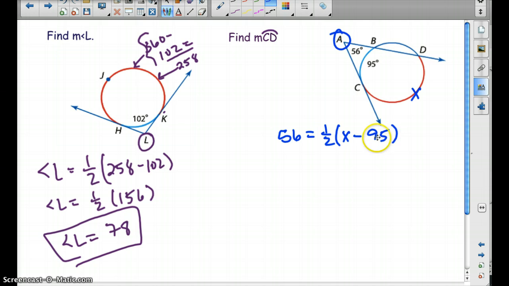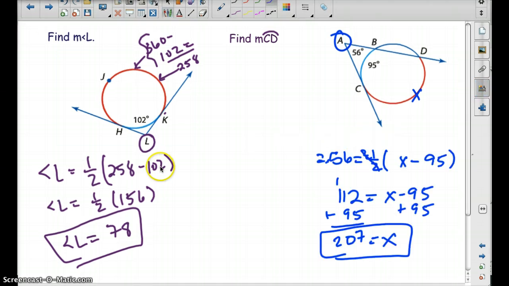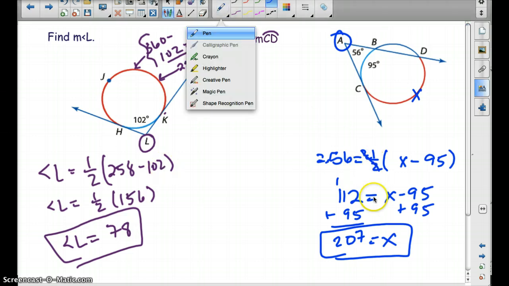So we're going to solve this equation. Why don't you pause the video and see if you can do this by yourself. I went ahead and times by 2 here, and I got 112, and then I added 95 to both sides because that's the opposite of subtracting 95. So that's how you would use the theorem when the angle is on the outside of the circle.